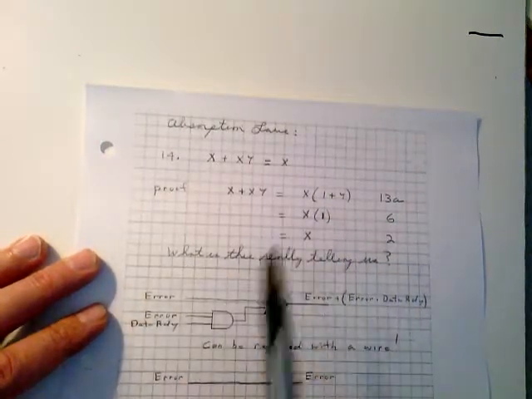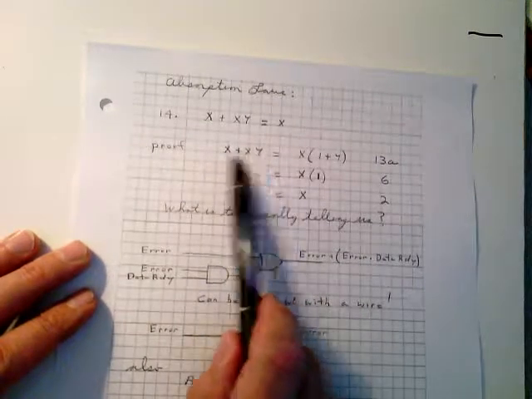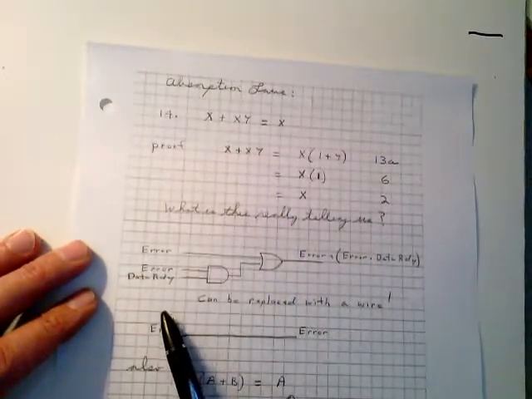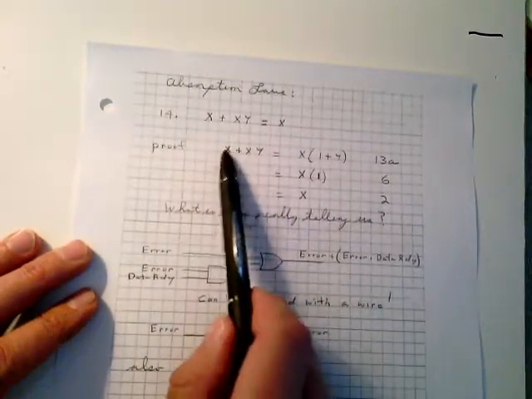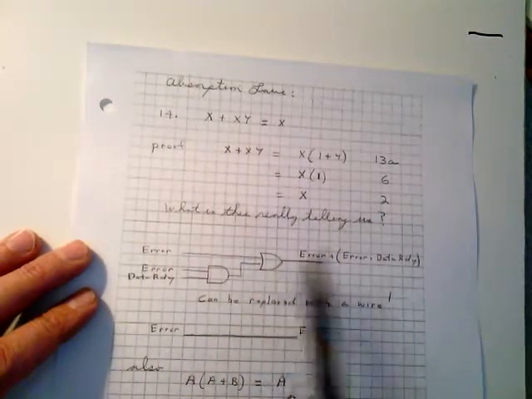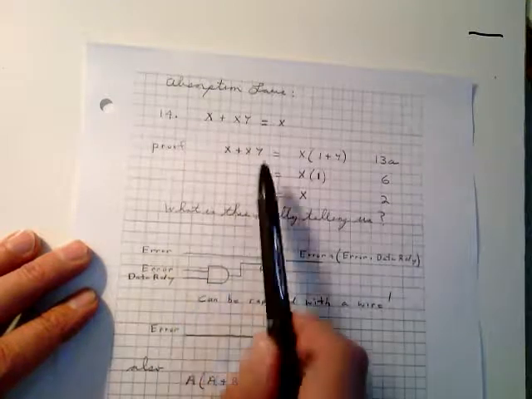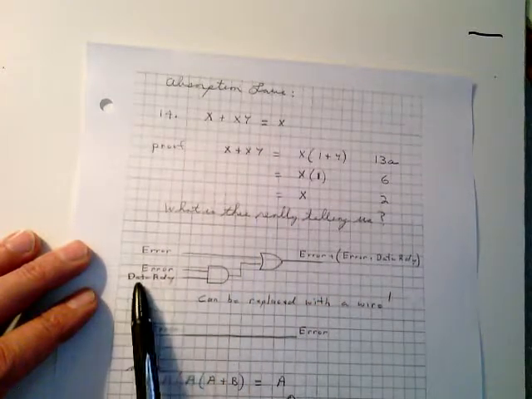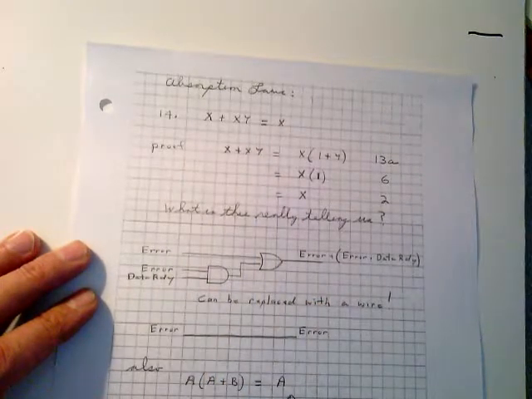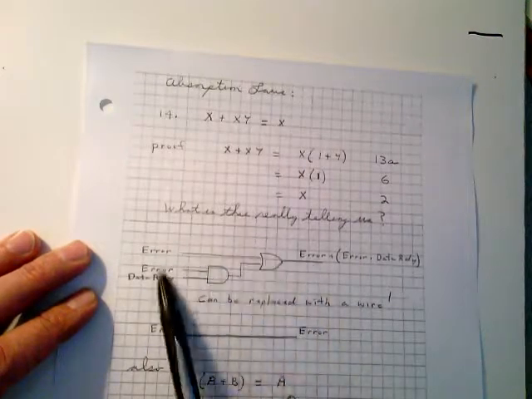So what's this really telling us? Well, don't forget, these literals are nothing more than signatures. It would take too much to write it all out. But for instance, let's pretend that X is an error signature, and Y is a data-ready signature. So here's the implementation of that circuit.